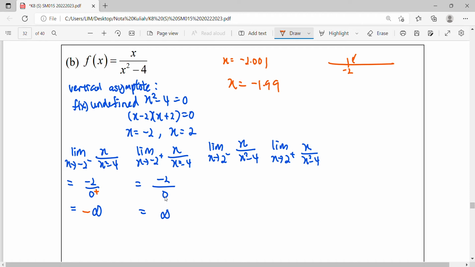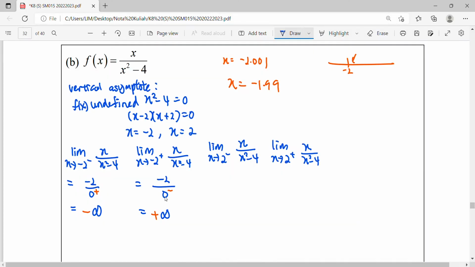It will be negative 0 point something. Okay? So negative over negative will give you positive. Proceed. 2 over x squared minus 4, substitute, we get 0, infinity. So that's your value.